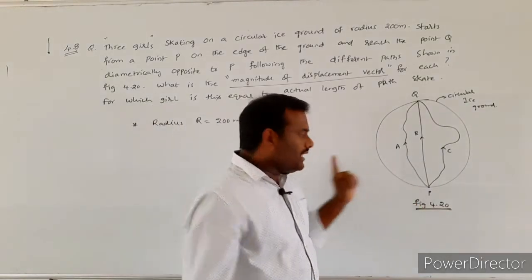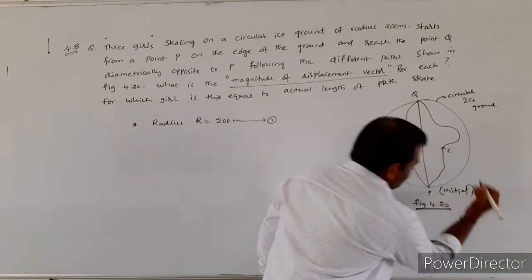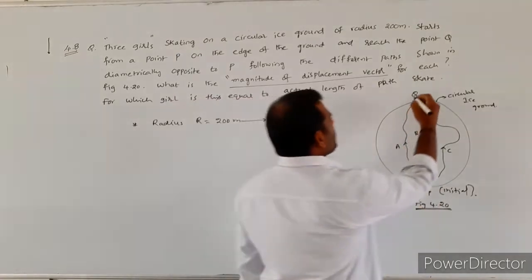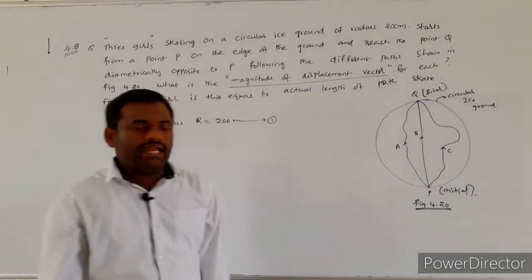For all three girls, P is the initial point and Q is the final point.